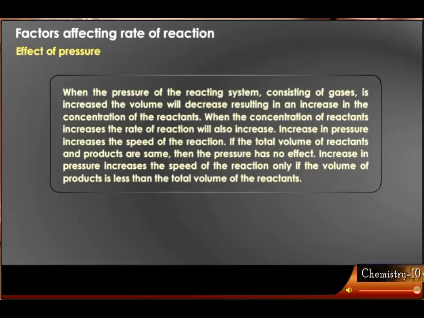Increase in pressure increases the speed of the reaction. If the total volume of reactants and products are same, then the pressure has no effect. Increase in pressure increases the speed of the reaction only if the volume of products is less than the total volume of the reactants.